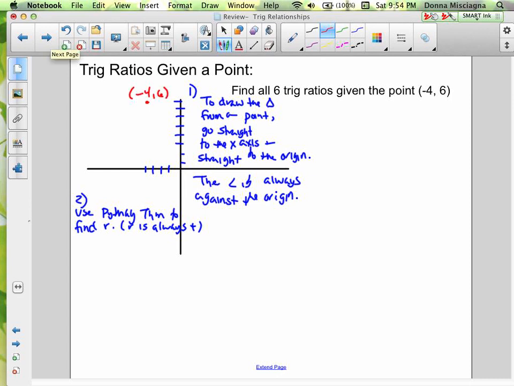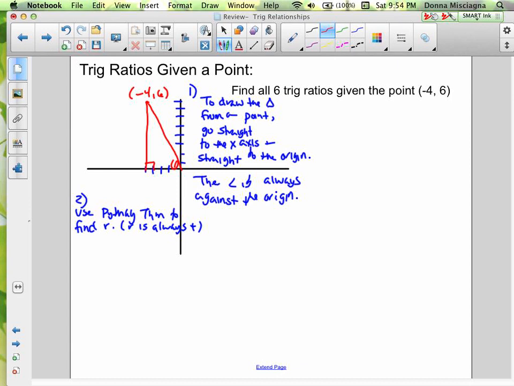To draw the triangle from a point, go straight down to the x-axis and straight to the origin. Never, ever go to the y-axis. The angle is always against the origin.